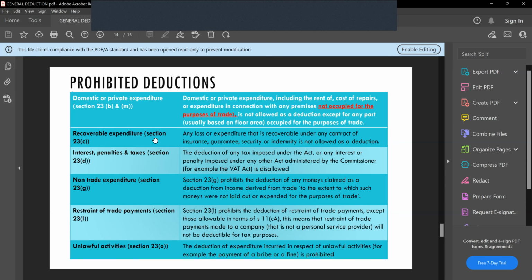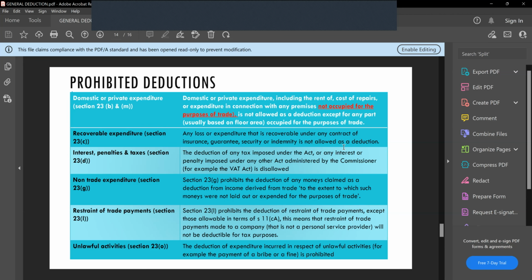Then there's recoverable expenses. These are prohibited in terms of Section 23C. Any loss or expenditure that is recoverable under any contract of insurance, guarantee, security, or indemnity is not allowed as a deduction. So I'll give an example there.